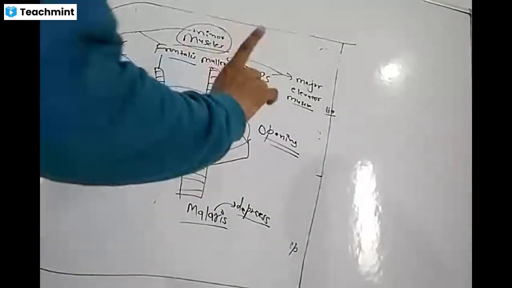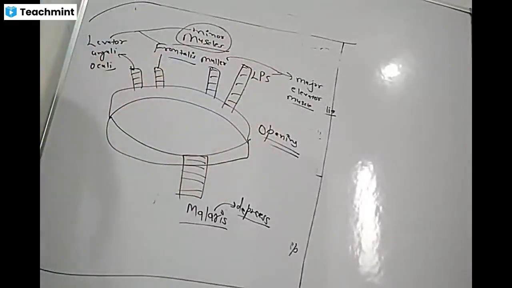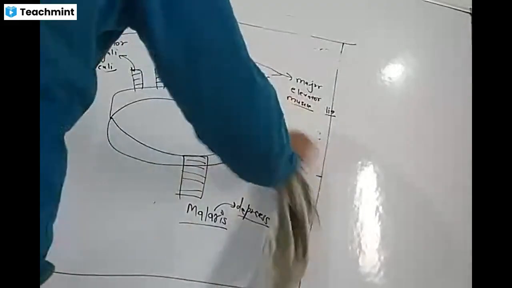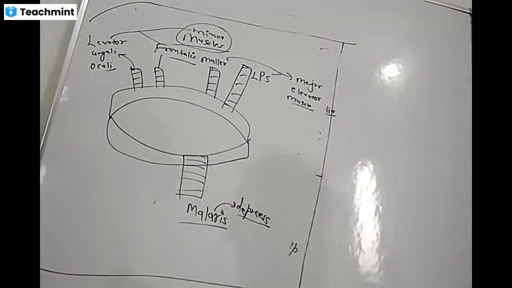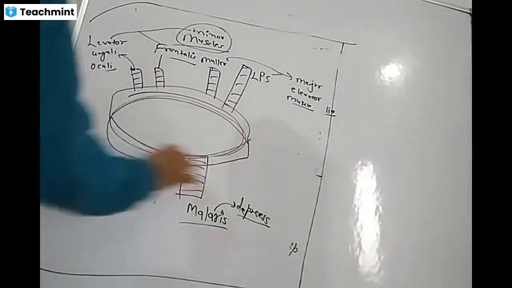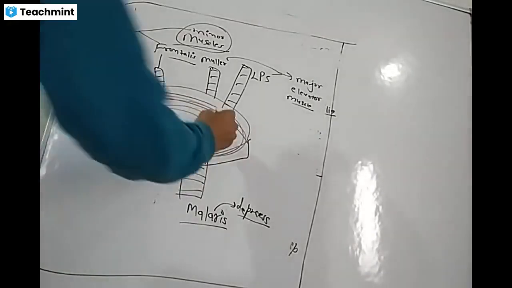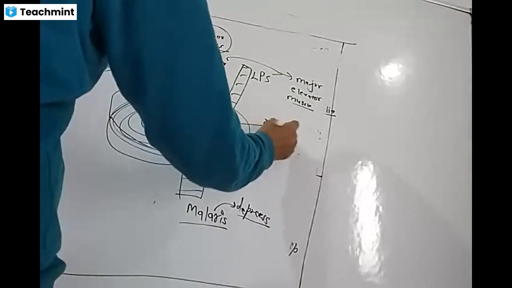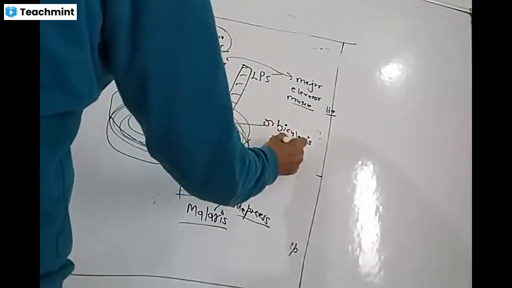There is only one muscle to close our eyes. To close the eyelids, there is only one muscle, in the form of a circle. This muscle is called orbicularis oculi.